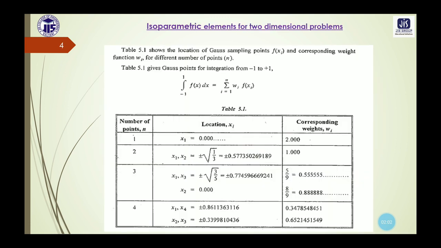Now this is actually the table and the formula related to the Gaussian quadrature that we have discussed in the earlier lecture.